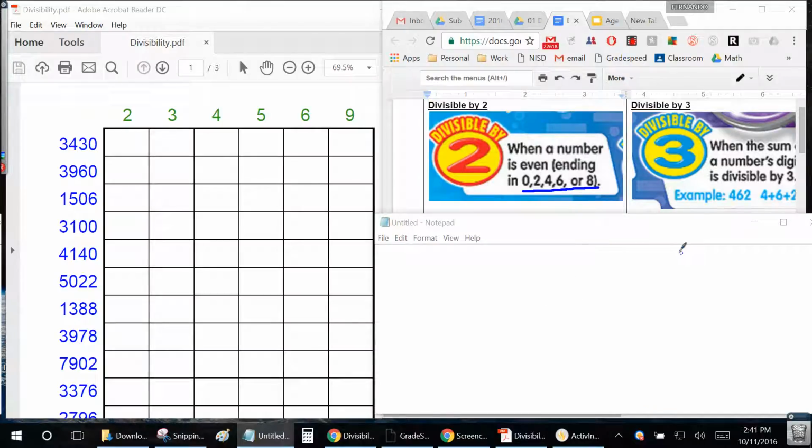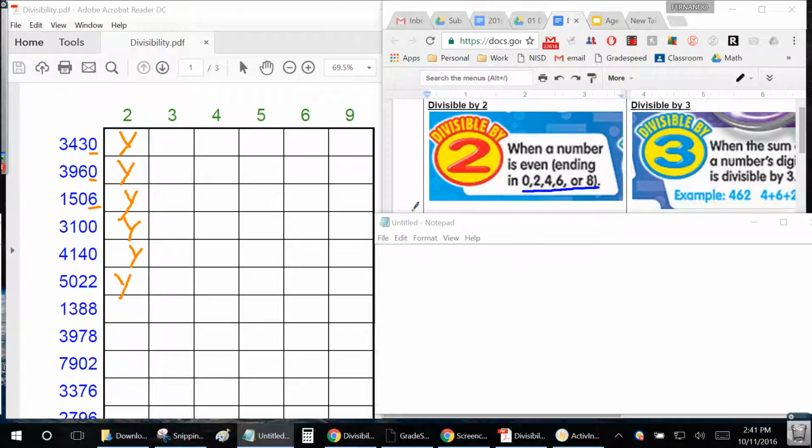So let's look at this number. 3430 ends with 0, and if it ends in 0, it is divisible by 2, so we put Y for yes. 3960 ends with 0, yes. 1506 ends with 6, yes. 0 is yes. Divisible by 2 when a number is even, ending in 0, 2, 4, 6, or 8.